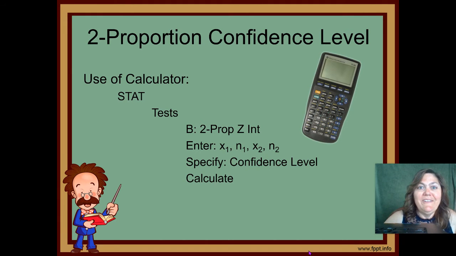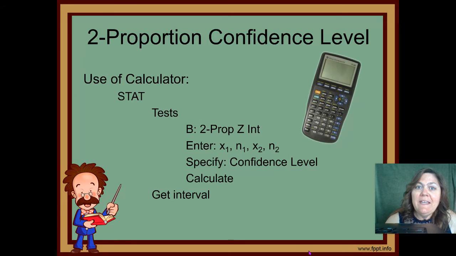And then hit calculate, and you will get your interval. Boom. That's it. So those two calculator commands really take a lot of the time out of doing some of your practice homework questions and everything like that. Again, you'll still need to know the formulas for your sketches, and that formula is on the formula sheet.